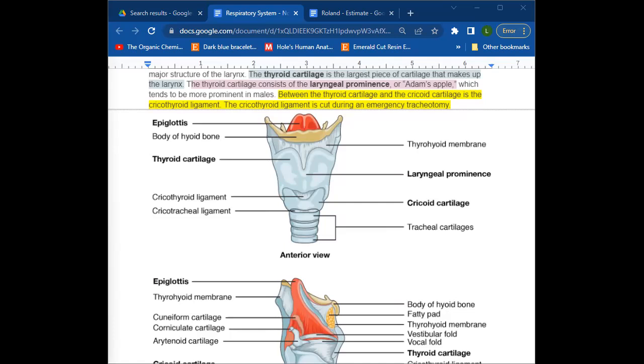And the cricoid cartilage by itself is not that important. It's actually this little ligament between the thyroid cartilage and the cricoid cartilage that's important, called the cricothyroid ligament. And the cricothyroid ligament is important because this is cut during an emergency tracheotomy.